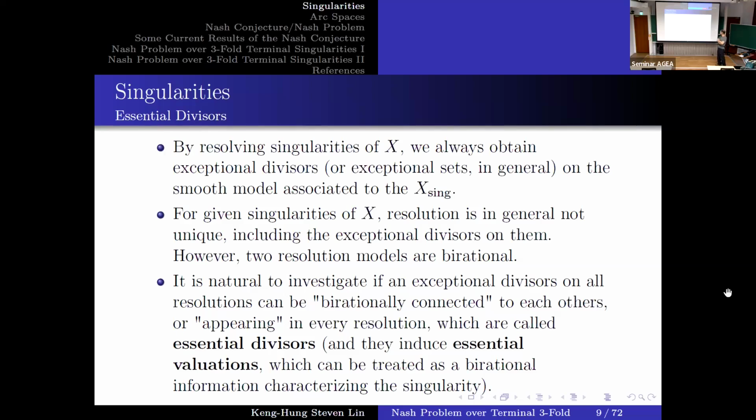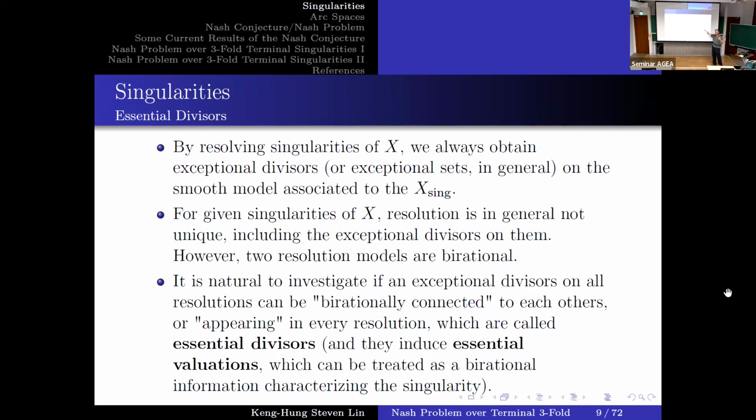So it is natural to investigate whether essential divisors on all resolutions can be birationally connected to each other. Or if I have a smooth model, we can see whether a divisor can be birationally transported to another smooth model.